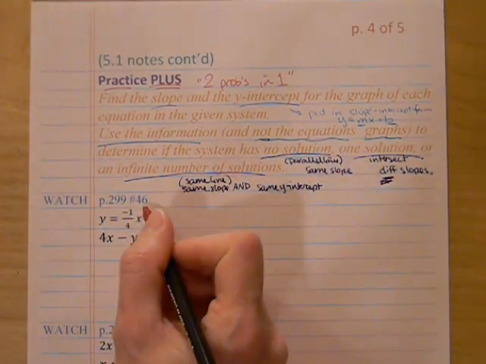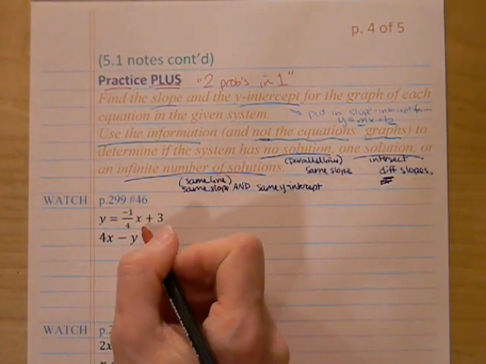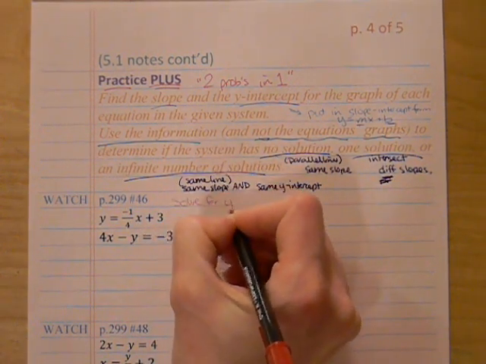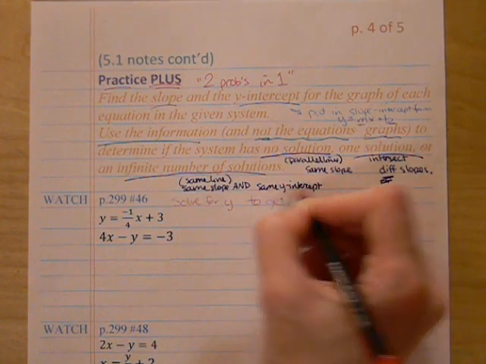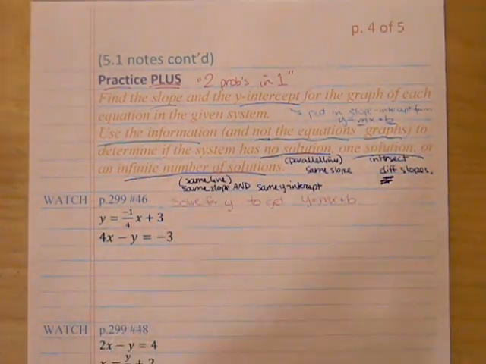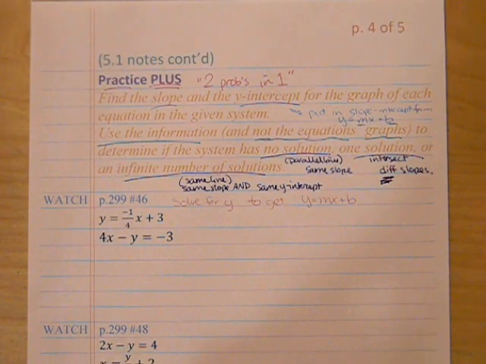Let's look at page 299, number 46. The first equation is already solved for y. So that's what we want to do to get the y equals mx plus b form, the slope-intercept form. Okay?